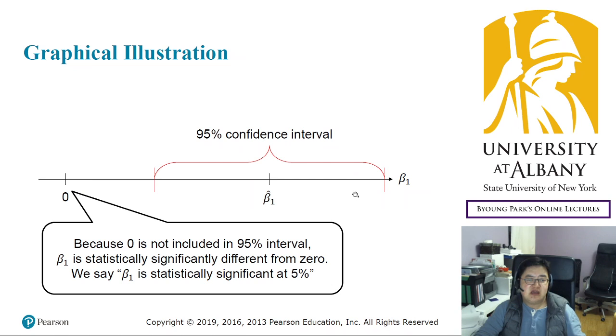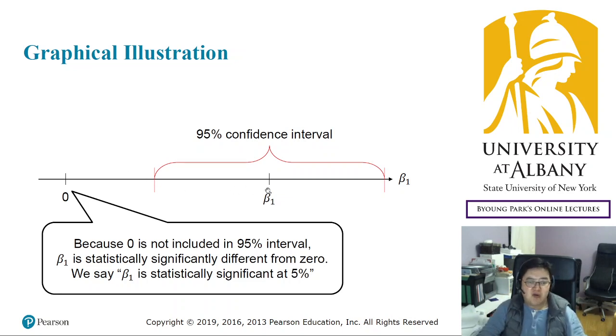Now, in many cases, we would like to see if this interval contains 0 or not. Or it doesn't need to be 0. Sometimes it may be something different from 0. So you would like to compare whether the interval includes a specific point, let's say 0 in this case. Because 0 is not included in the interval, this means with 95% probability, beta 1 is greater than 0.